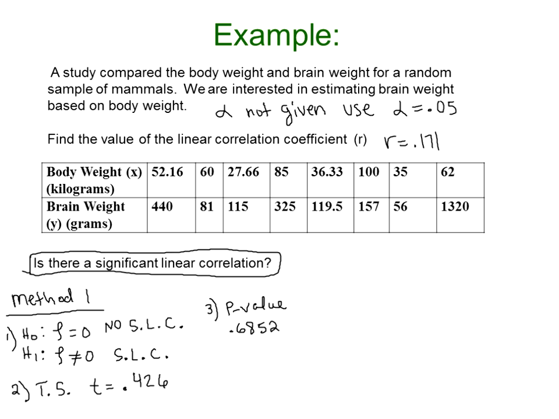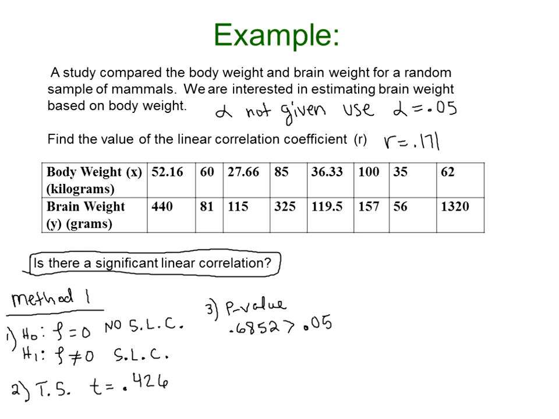Okay, so what you're doing is comparing the p-value to alpha. If your p-value is less than alpha, then we reject the null hypothesis. All right, so alpha is 0.05, and my p-value is definitely not less than alpha, right? It's greater than alpha.